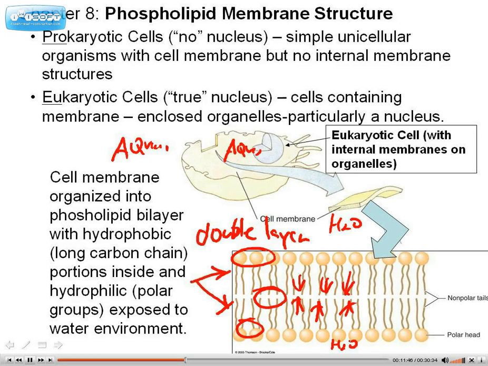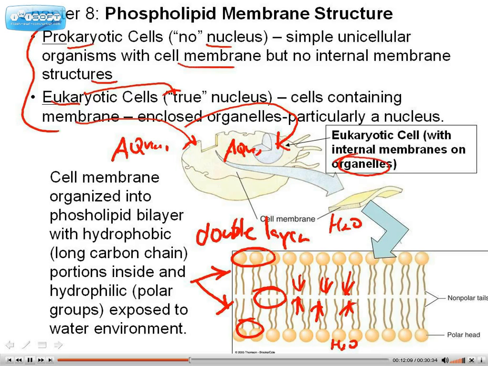Here are general terms you need to know. Prokaryotic cells contain no nucleus. They do have a cell membrane, but no internal membrane structures. Eukaryotic cells contain membranes, both cell membranes, and they contain organelles.